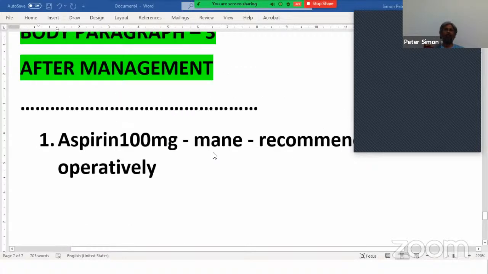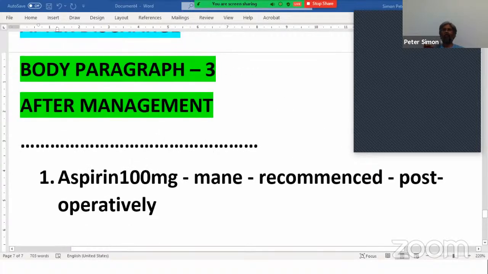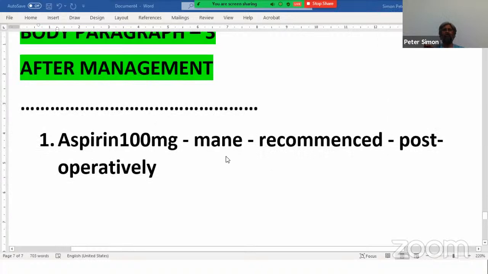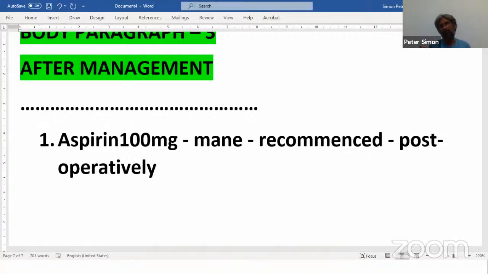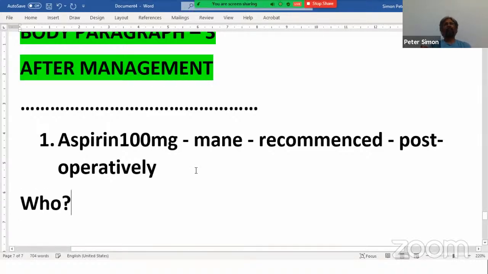Now here you have to realize that there are four counterparts. One is who, meaning the actor who is doing the action.